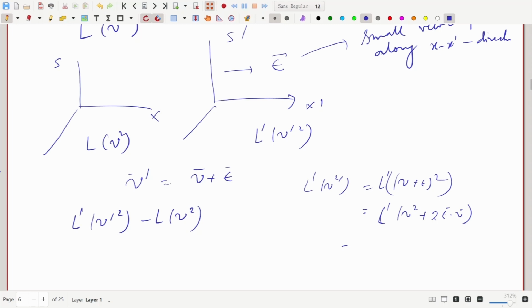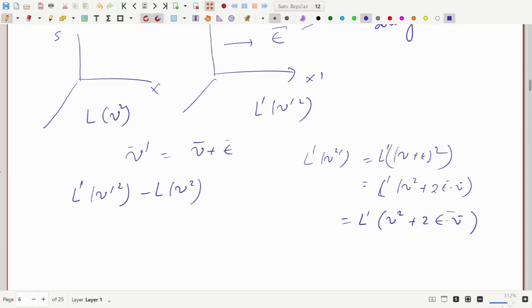Now I can expand this in a Taylor series. So we will have L'(v²) plus 2 epsilon·v times ∂L'/∂v², and higher order terms in epsilon squared, which we are neglecting.